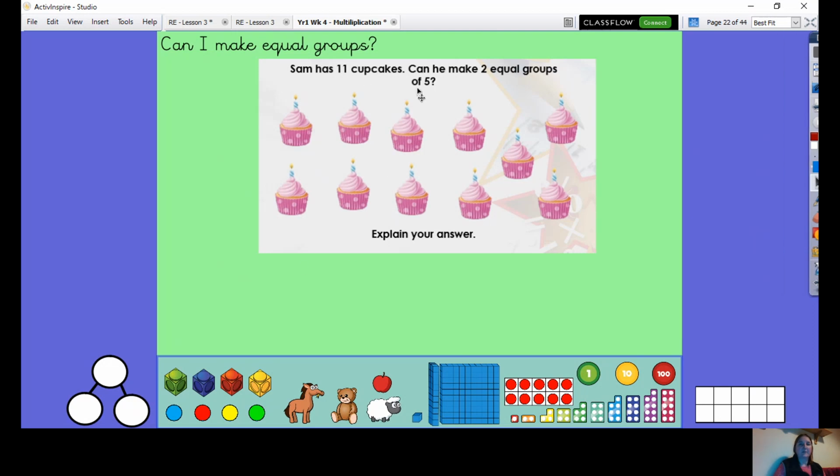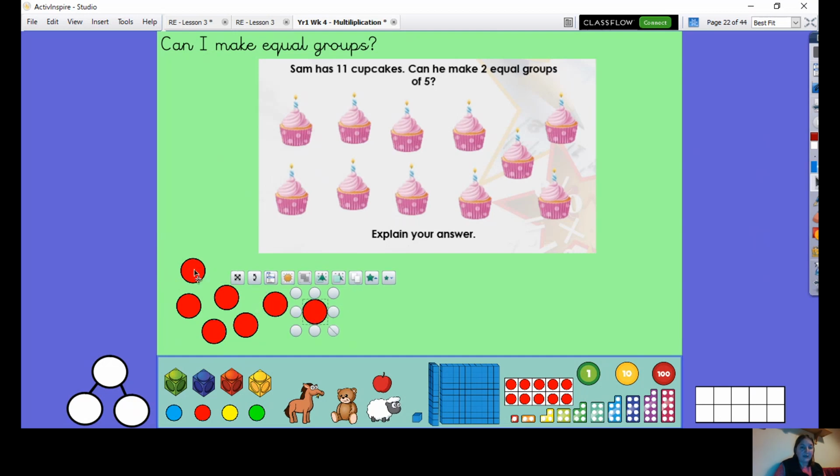But I haven't got cupcakes, that's a shame, isn't it? So I'm going to get counters. I'm going to get 11 counters, and I'm going to pretend that they're cakes. I've got 1, 2, 3, 4, 5, 6, spread them out a bit, 6, 7, 8.